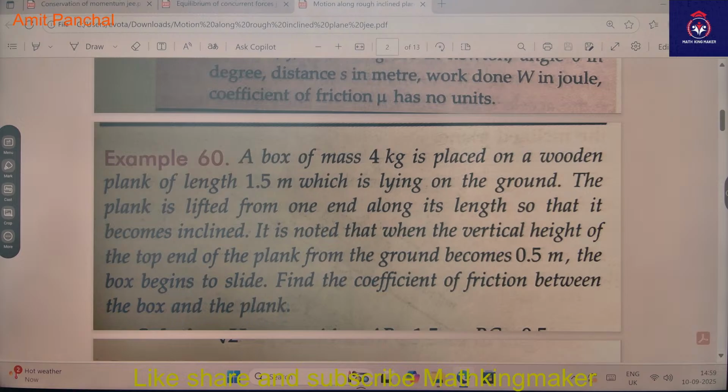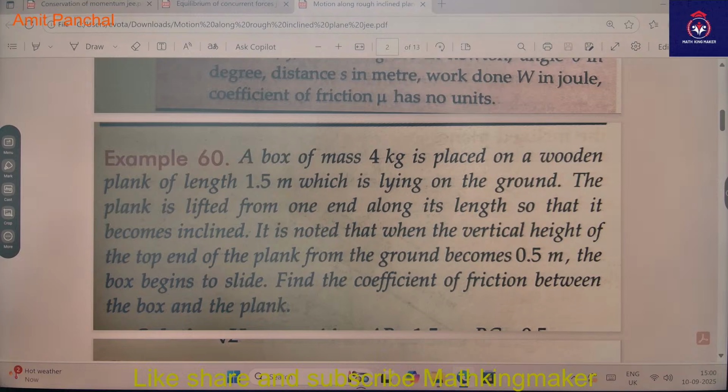My live viewers, you can drop your answer in the comment box. Cos theta is adjacent over hypotenuse, 1.5. So R is equal to mg cos theta, which is equal to 40 into root 2 by 1.5.